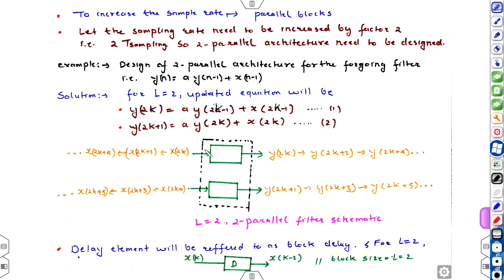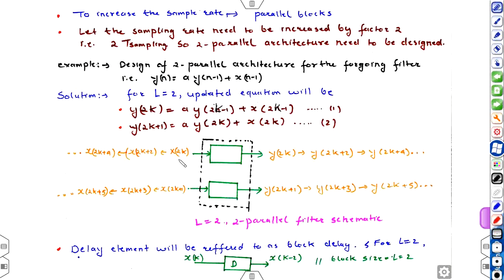The two parallel structure can be visualized something like this: a bigger block which has two smaller blocks inside. The first block is processing input x(2k) and generating the output y(2k), and the next block is processing the next sample, x(2k plus 1), and producing the output y(2k plus 1).